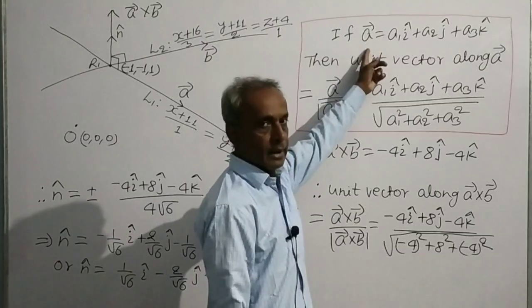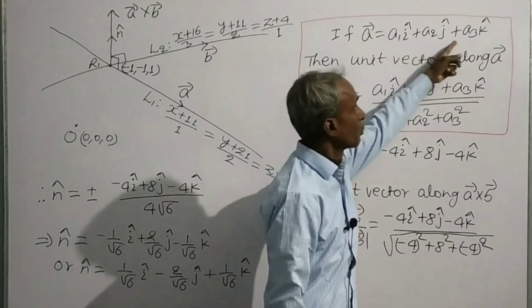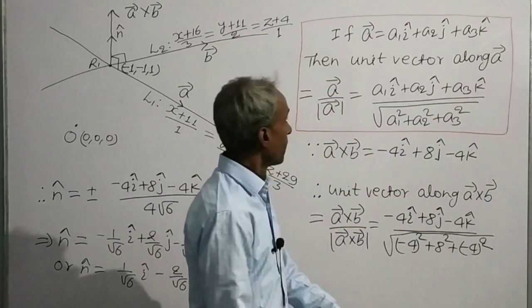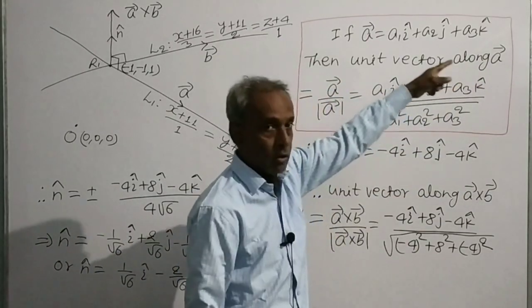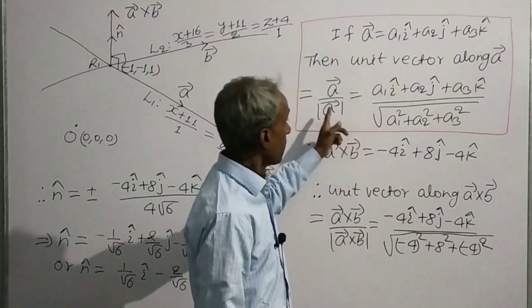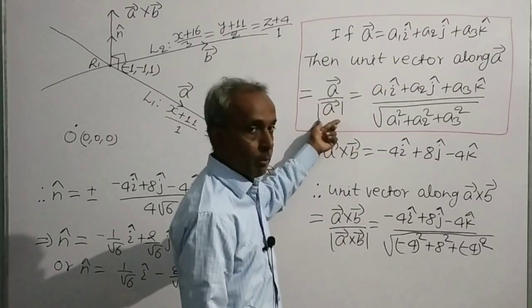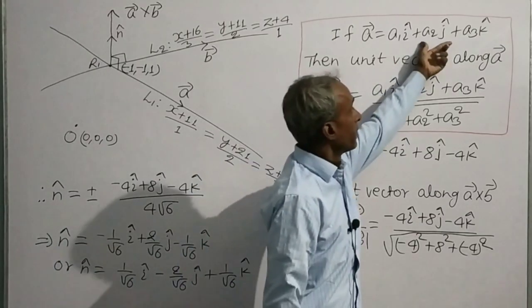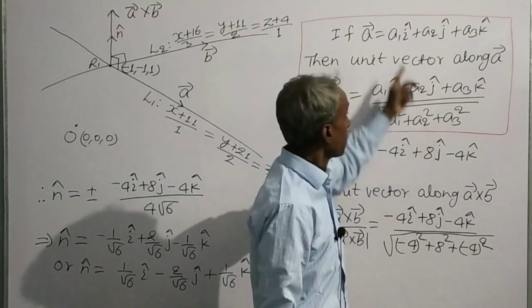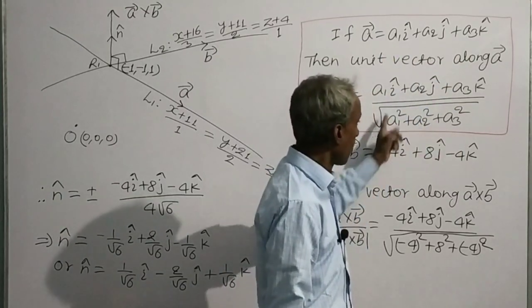If vector A is A1 i plus A2 j plus A3 k, then the unit vector along vector A will be equal to vector A by mod of vector A, that is, this vector by square root of A1 square plus A2 square plus A3 square.